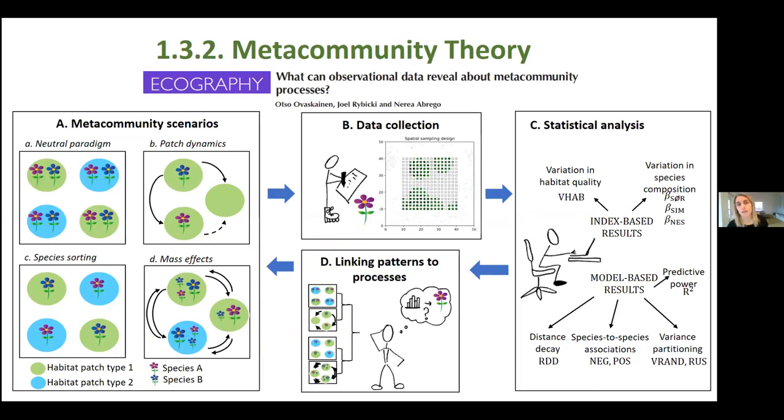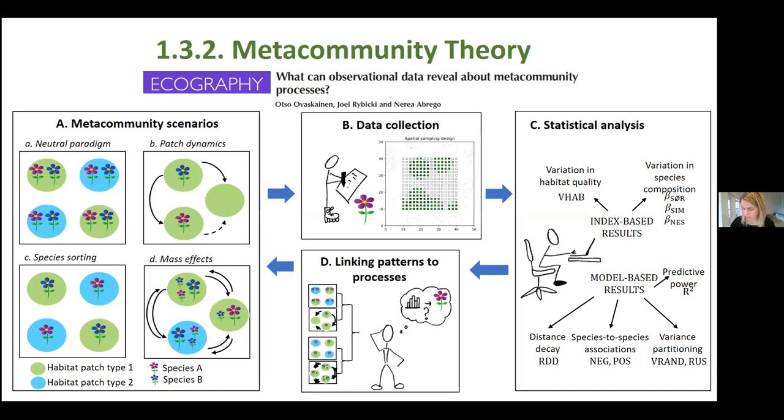But of course, we have been ourselves interested in this question, because it's a fundamental question in community ecology to link our results from our data to meta-community theory.